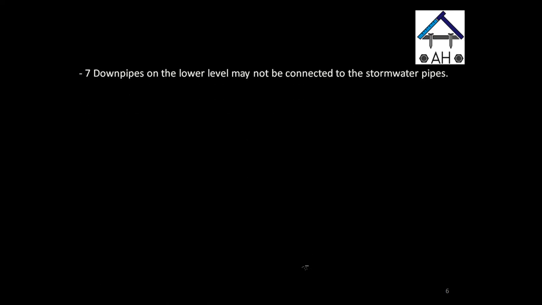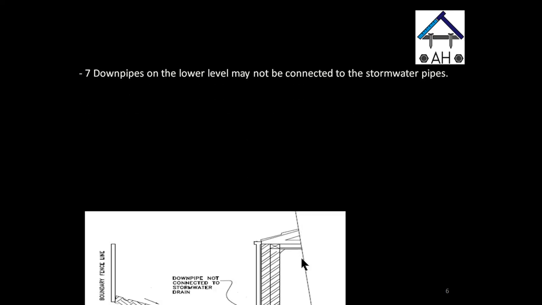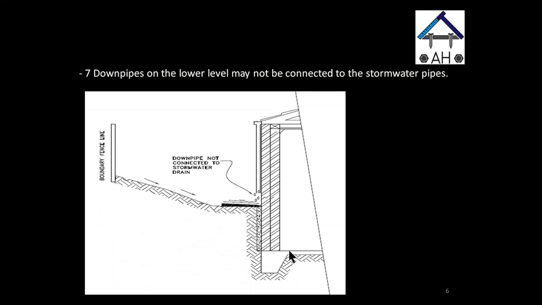Number 7, downpipes on the lower level may not be connected to the stormwater pipes. We see this happen all the time. Sometimes the plumber would unintentionally leave the downpipe not connected, and leave it right on top of that retaining wall, assuming that water will be collected by the agricultural drain.